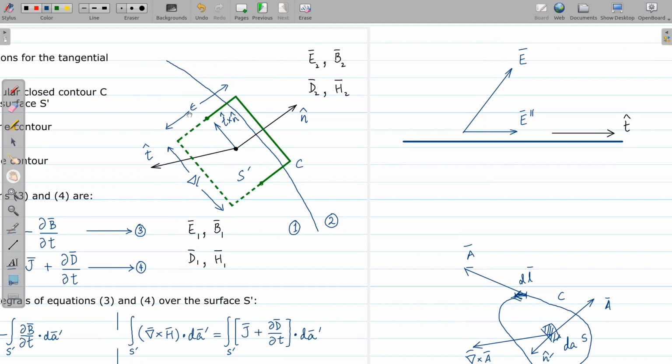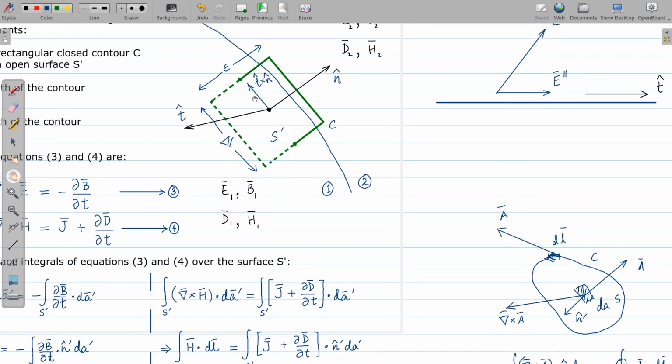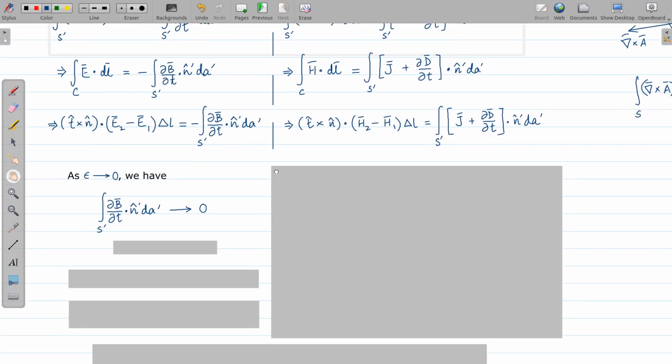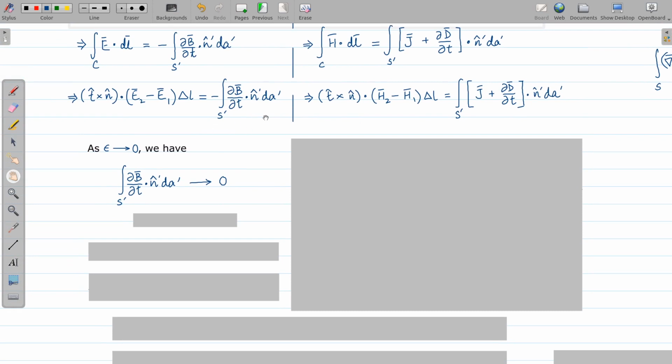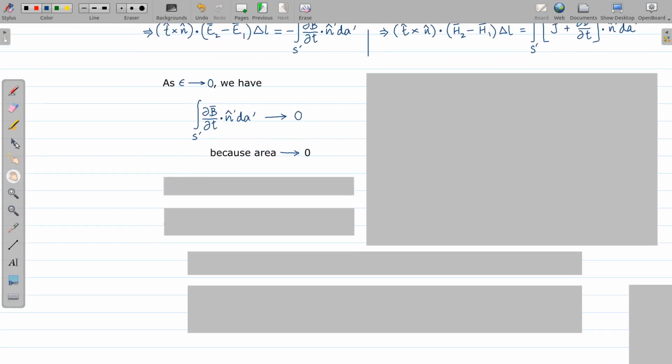You could have some length, but area is nothing but length into breadth. So the length could be finite, but if the breadth tends towards 0, then the area itself is going to become vanishingly small. So this surface integral is going to tend towards 0, and that's the reason: the area tends to 0.